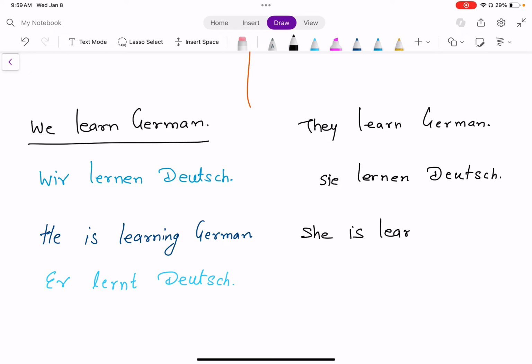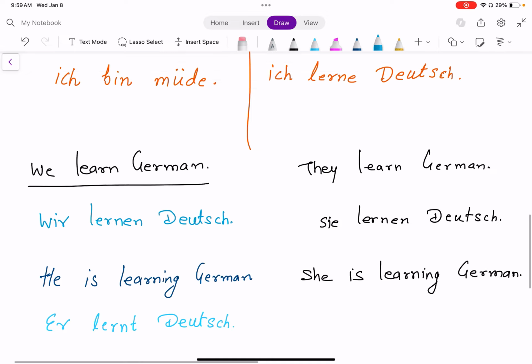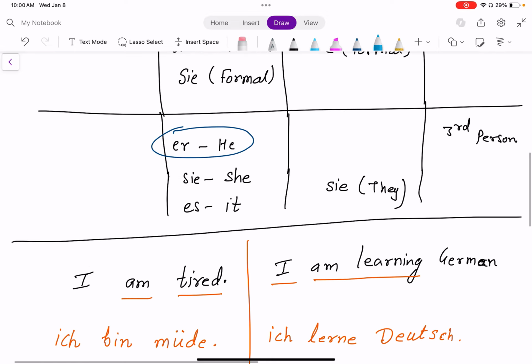Now, if I want to say she is learning German, how will it be? So remember, what is the word for she? It's this small letter. Do not get confused. This is a small s. Let me write it like this. This is a small s.